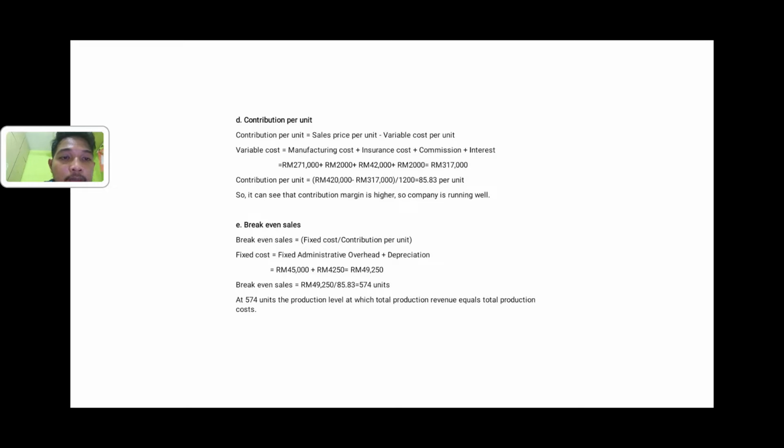So it's about 49,250. Break-even sales equals fixed cost divided by the contribution per unit, which equals 574 units. So at 574 units, the production level is where total production revenue equals total production cost.